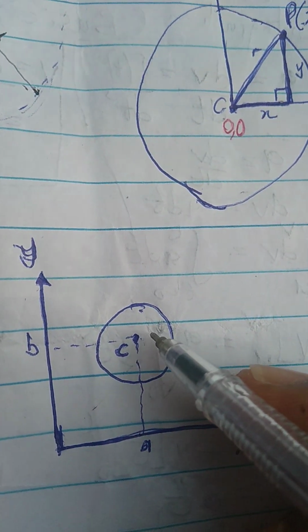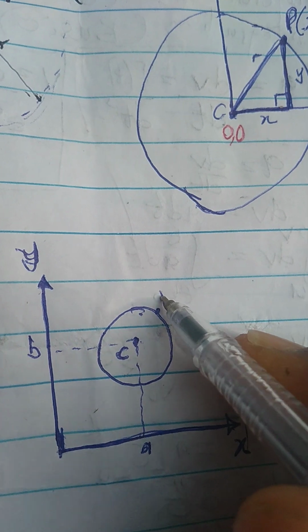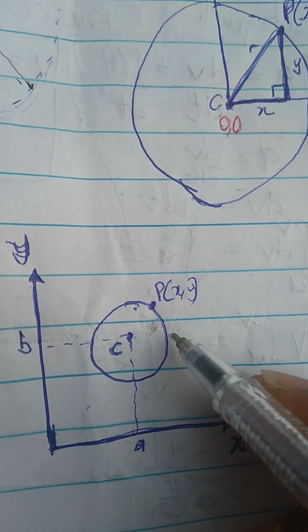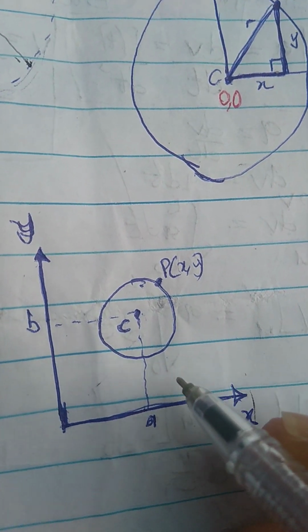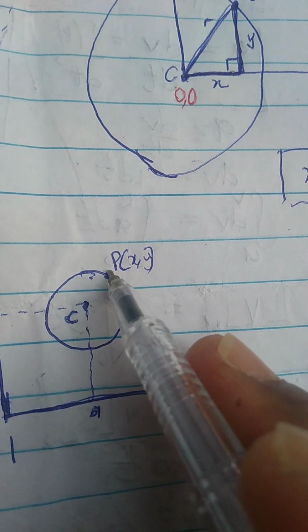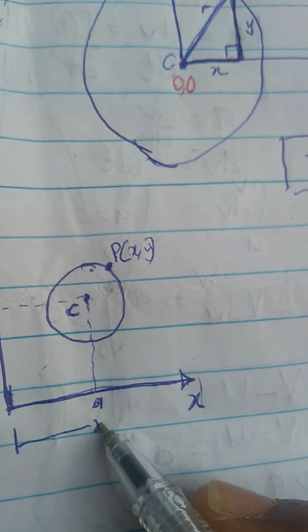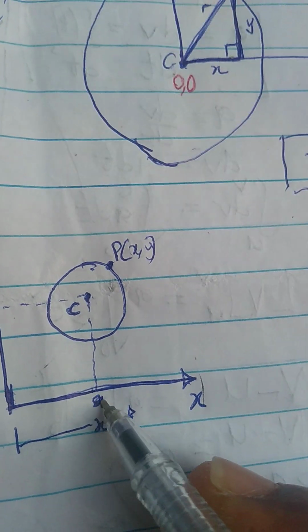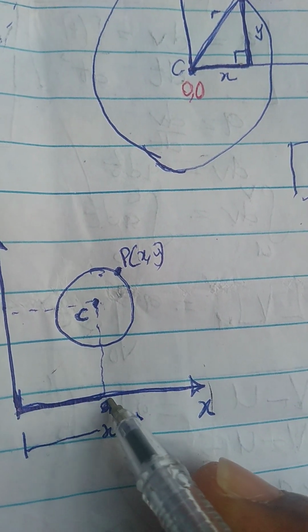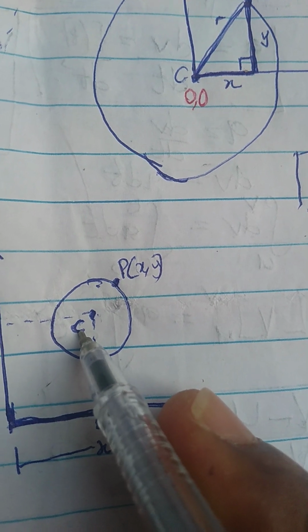Now, let's locate point P of coordinates x, y on the circumference of that circle. Now, we discover that the location of that point P along the x-axis is x, which is higher than the value for the x-axis of the center of that circle.